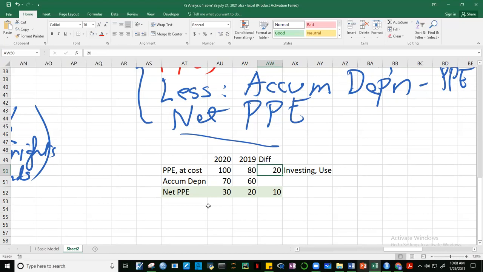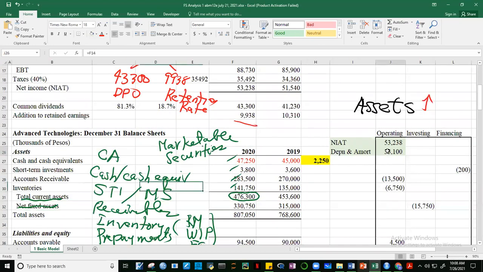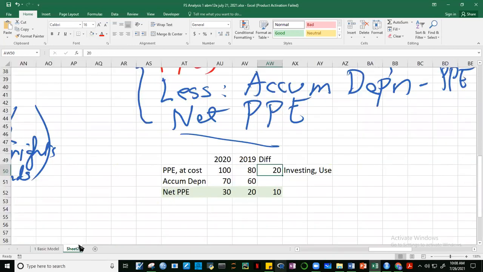Sa PPE dapat, ang gagamitin natin yung at cost, hindi yung net PPE. Kasi net PPE, sinamahan na ng depreciation yan. In-account na natin depreciation dito. So pag ang gagamitin pa natin ng fixed asset is the net fixed asset, nagkakaroon ng double counting, nagkakaroon ng problema yan sa depreciation.